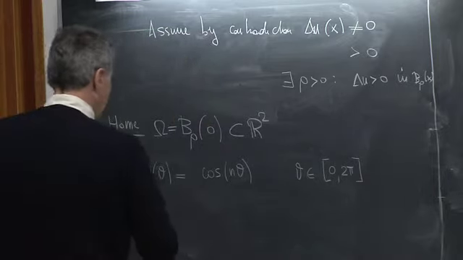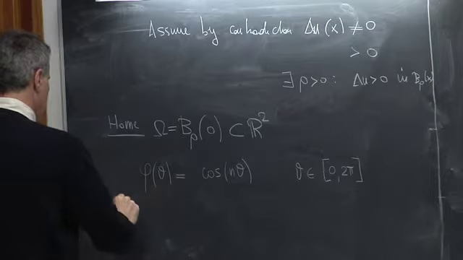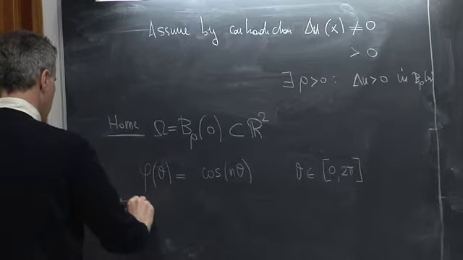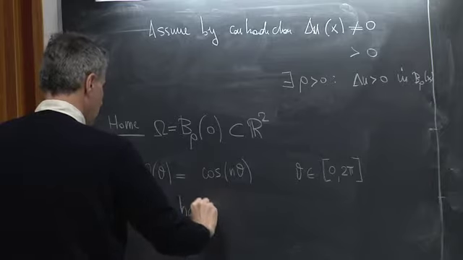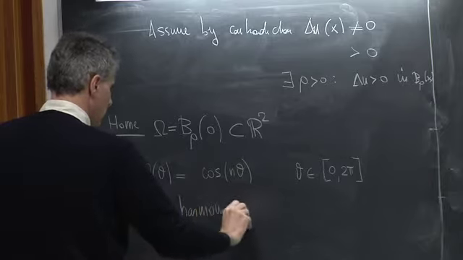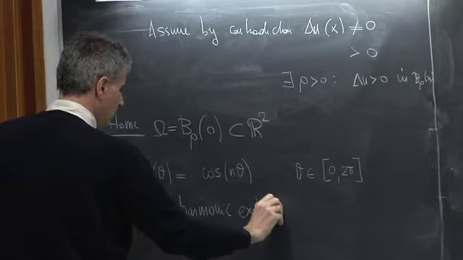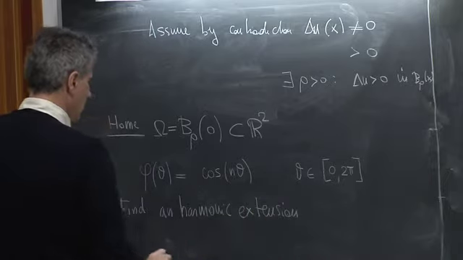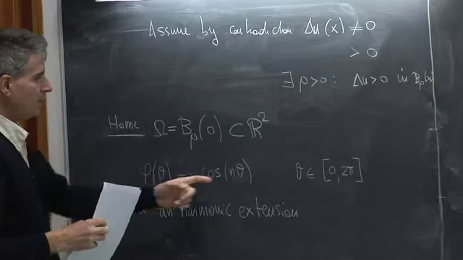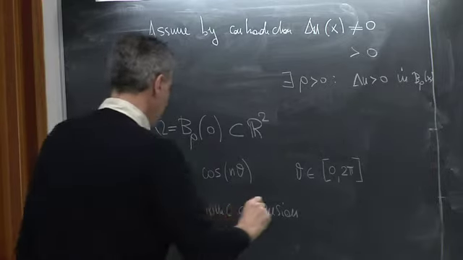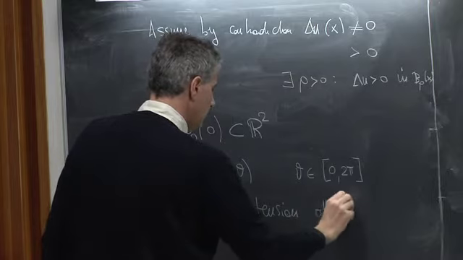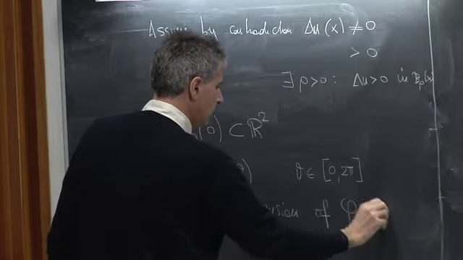And then find a harmonic extension. So phi of theta is essentially defined on the boundary of the unit ball. Find a harmonic extension of phi in omega.